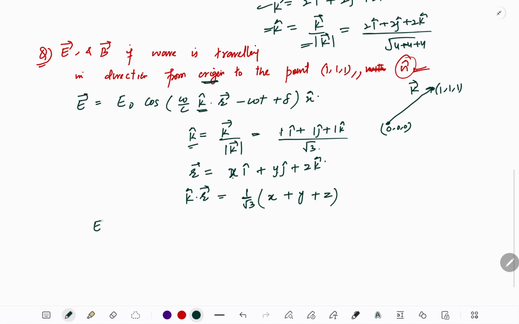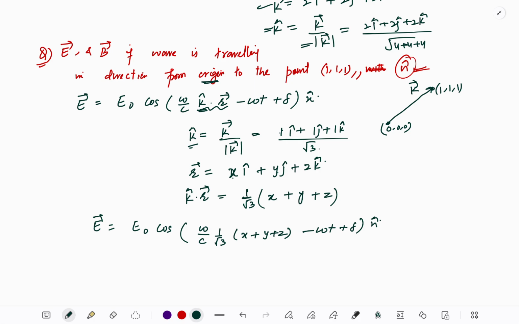E is given by E naught cos of (omega by c times k cap dot r vector), which can be written as 1 over root 3 (x + y + z) minus omega t plus delta, some arbitrary direction. I hope you understand this point. So we can keep it like that. We don't have any problem in writing this.